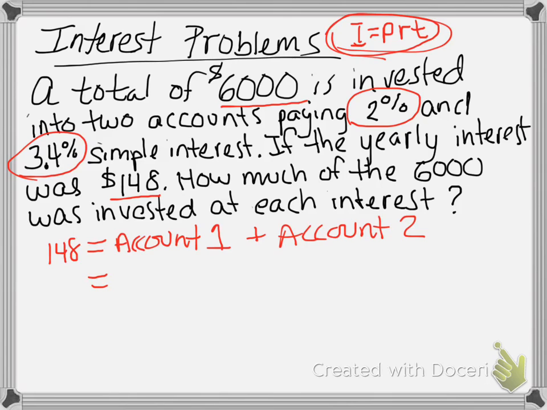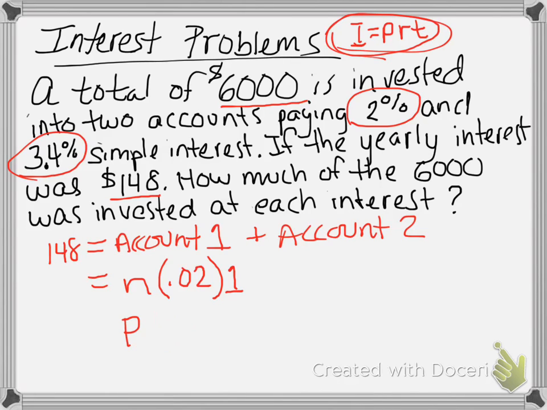You don't know, so you say n. But you do know you're going to get 2% on that first account. So you're going to multiply it by 0.02, because a percent written in a decimal is dividing it by 100. And then it's 1 year, so you can multiply it by 1, or you can just drop off the 1. So this is principal times rate times time.